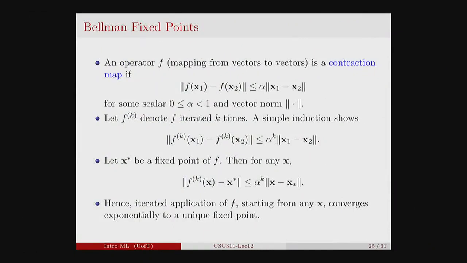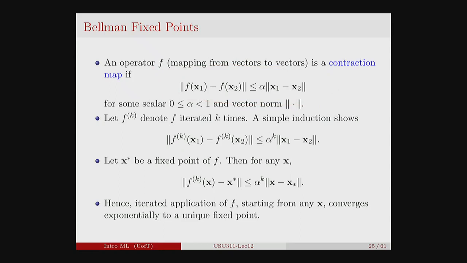And now you should ask, why on earth does this work? And it works for the exact same reason that we were able to find fixed points of the cosine function, because this represents a mapping F that is a contraction map. And so, as before, an operator F mapping from vectors to vectors is a contraction map if it satisfies this Lipschitz condition.